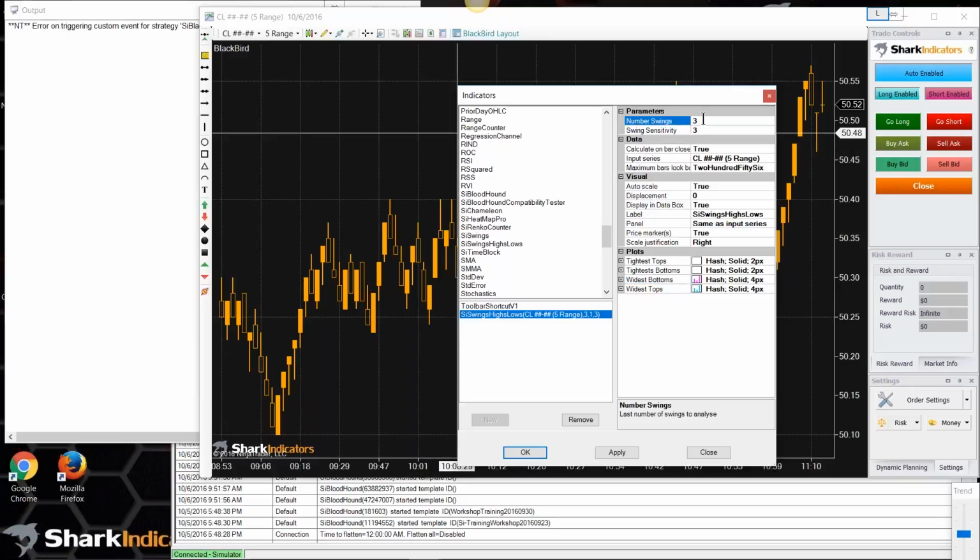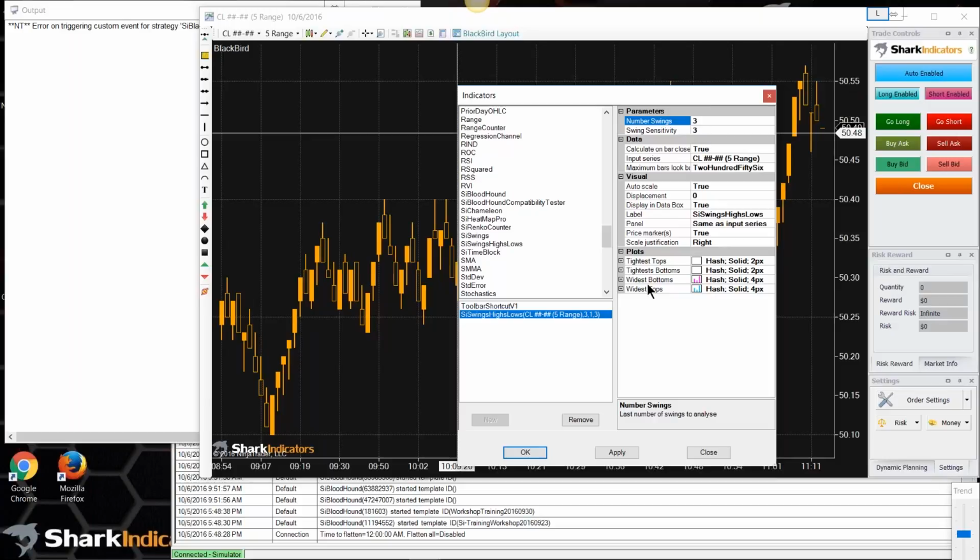So the number of swings tells the indicator how many swing points back it can look to find the highest high or the lowest low. And then also there's a swing sensitivity, which will determine how often swing points are discovered, right?